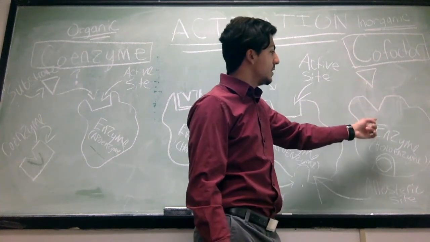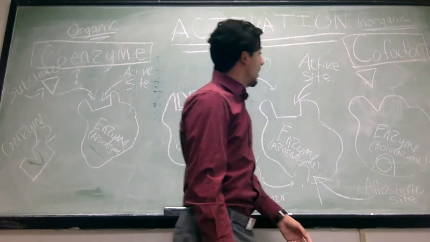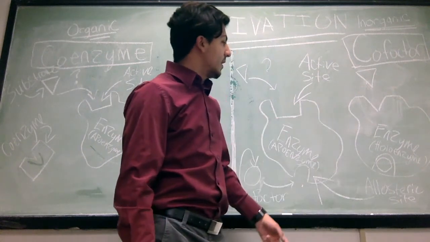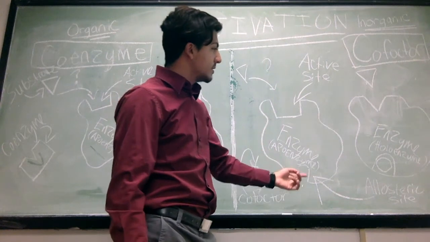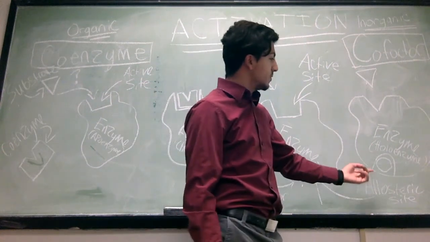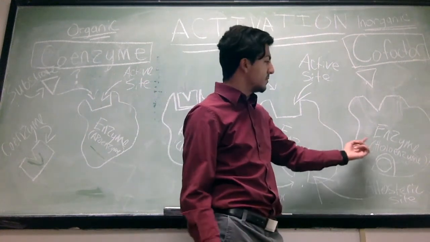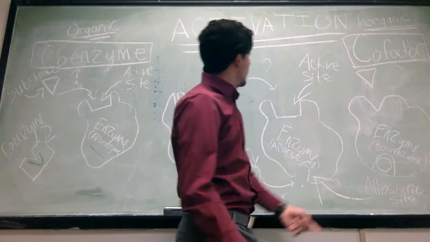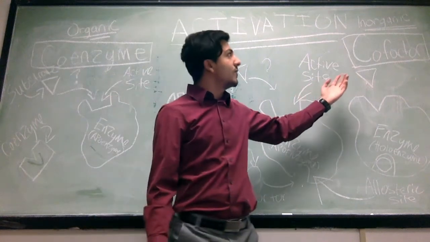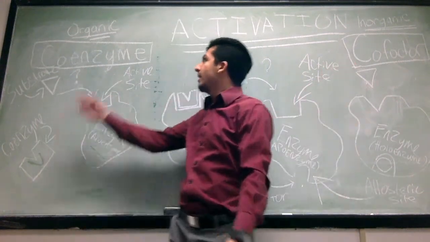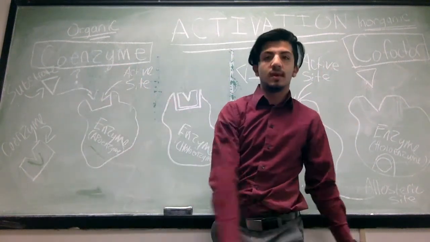So now the substrate can come into the enzyme, into the active site. And once again, before it changes shape, it's called the apoenzyme, and after it binds with the cofactor, it becomes the holoenzyme. And the difference between these two is that a cofactor is inorganic and a coenzyme is organic.